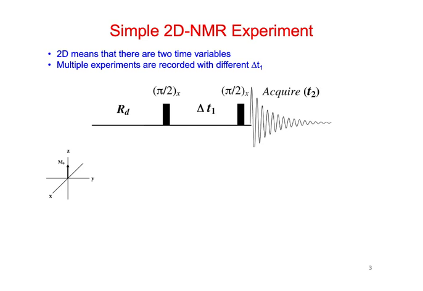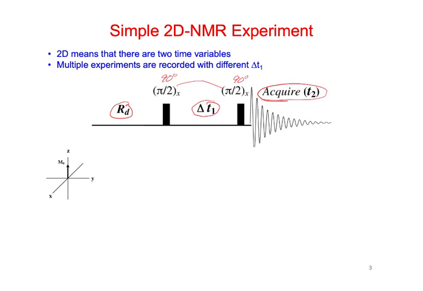For two-dimensional NMR, this is a simple one, we will have two different time variables. We have the acquisition time, just like before, but we have some additional time variable here. Notice that this one has a relaxation delay, but then it has two different pulses, two 90-degree pulses.